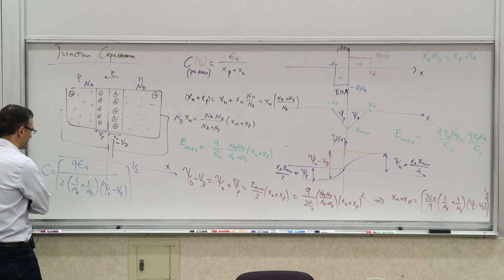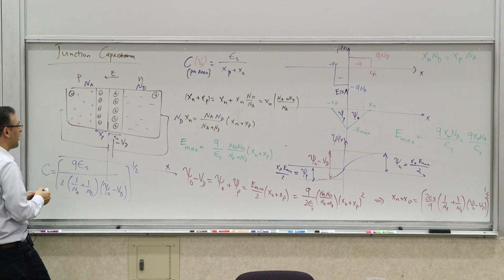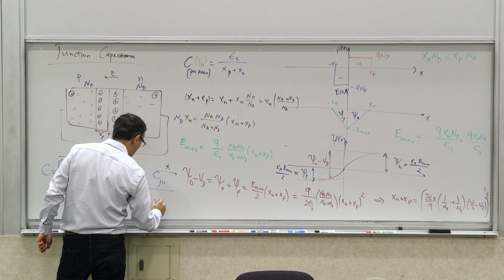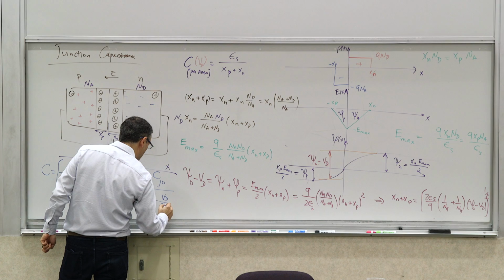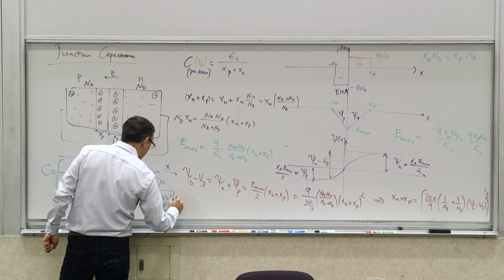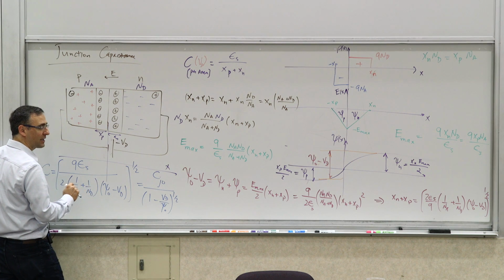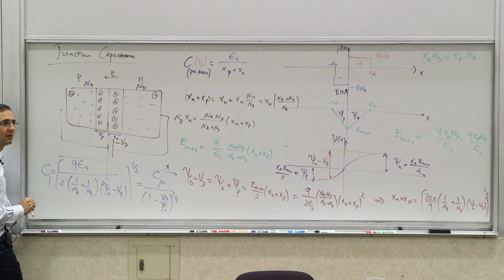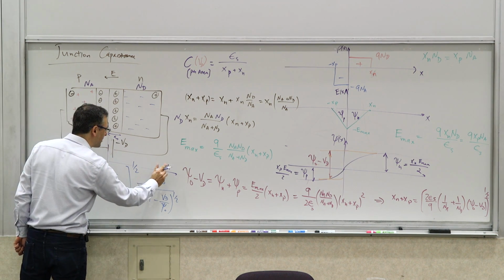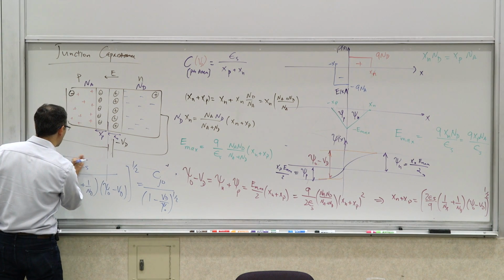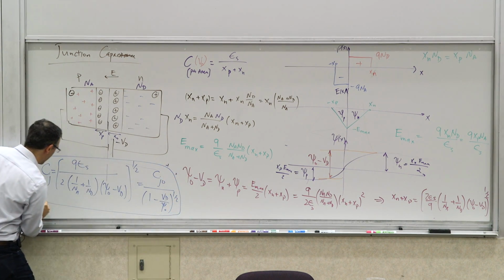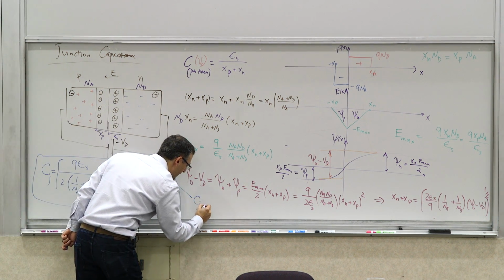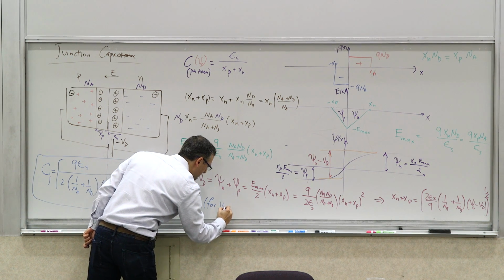So you get this expression, which you can also write as Cj0 divided by 1 minus Vd over psi naught to the power of 1/2. And Cj0 is essentially Cj when Vd is 0. So you can express it in terms of its value when the external voltage is 0. Cj0 is Cj for Vd equals 0.